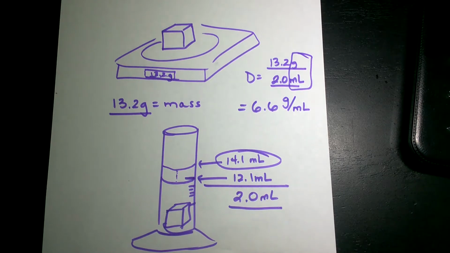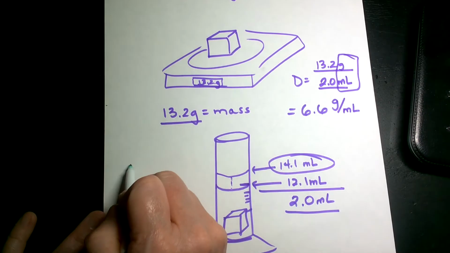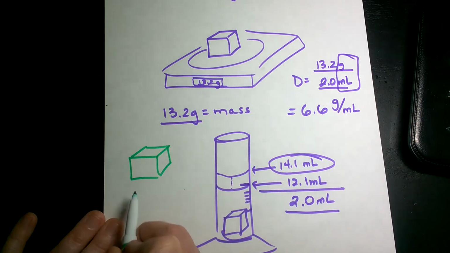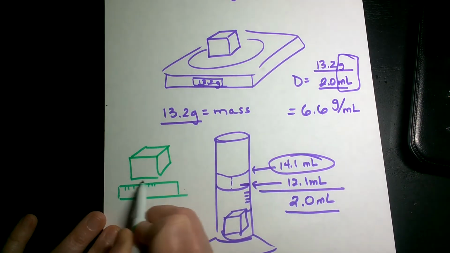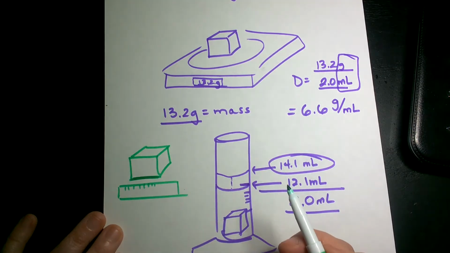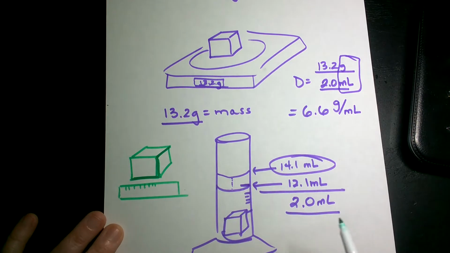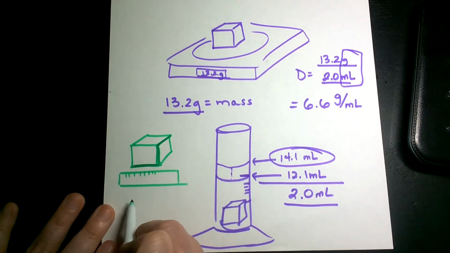Now, the volume can be found a different way. Because of the shape of the cube, you could have actually taken it to the side and taken a ruler and measured the three dimensions of the cube. So 1, 2, and 3. Okay, so whatever they were, you would multiply them.